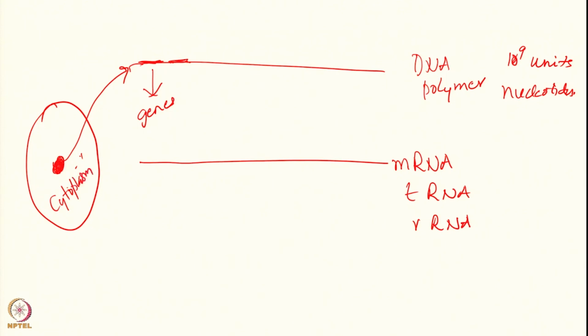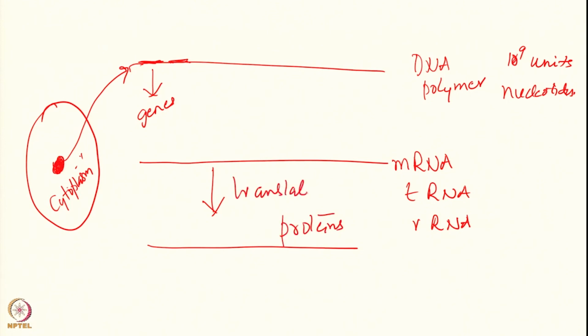So the genes are expressed in the form of mRNA, that is a particular mRNA. There are other kinds of RNAs which are called tRNA and ribosomal RNA, and tRNA is involved in the translation process. Here, then it goes to the proteins. This is the process of translation, and from here to here this is the gene, this is the transcription.